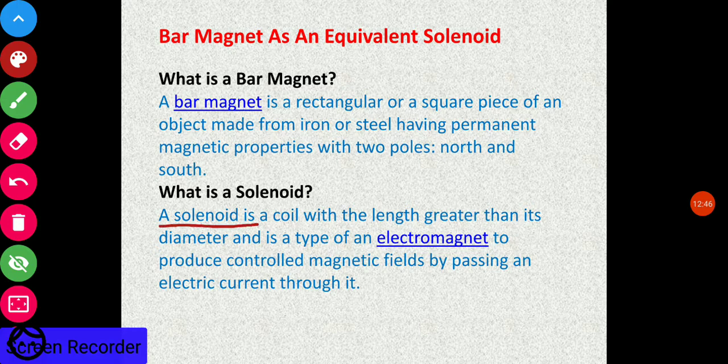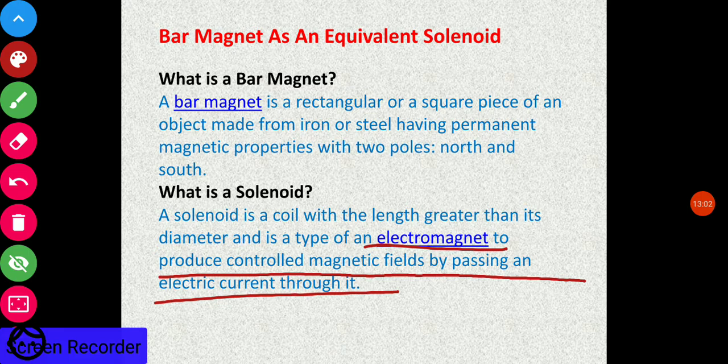A solenoid is a coil with length greater than its diameter, and it is a type of electromagnet that produces a controlled magnetic field by passing an electric current through it. The bar magnet has permanent magnetic properties. So this is the difference between a bar magnet and a solenoid.